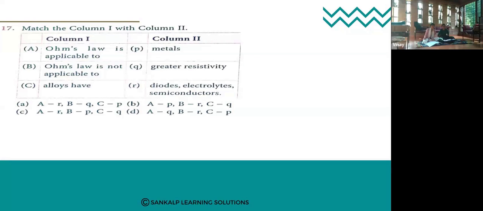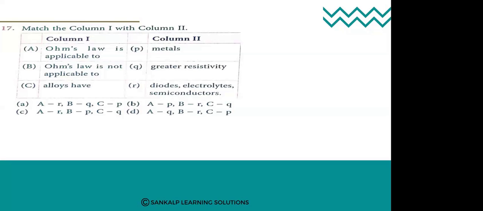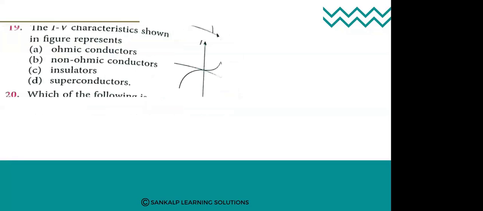Option B, ma'am. A is equal to P. Ohm's law is applicable to metals. That is right. Ohm's law is not applicable to diodes, electrolytes, and semiconductors. Alloys have greater resistivity. Yes, option B is the right option.